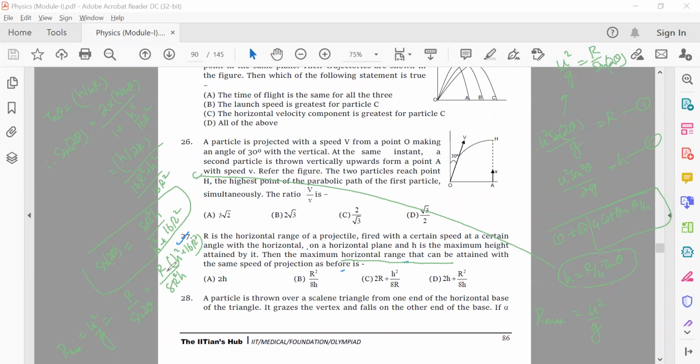So just solve this a little further and you will get the answer. Yes, I will. It will come divided by 8 RH. So you'll get one of these answers. Again, it's a manipulation based question.